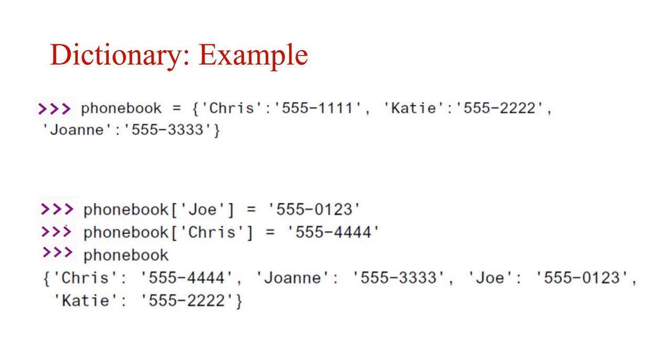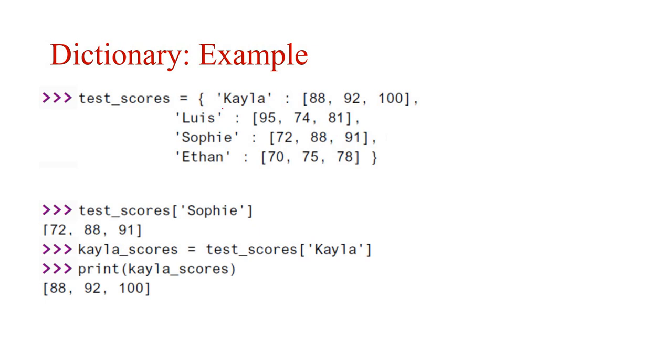Let's look at another example. This is a more interesting example where you're storing the scores of students for, let's say, 3 exams as lists. So your values in this case are not numbers or strings, they're lists. Each student has an associated list of scores.